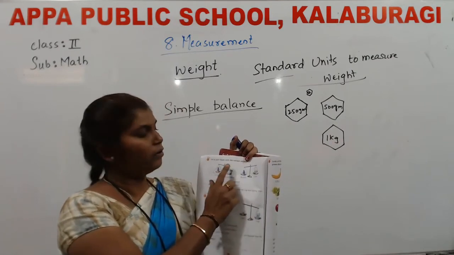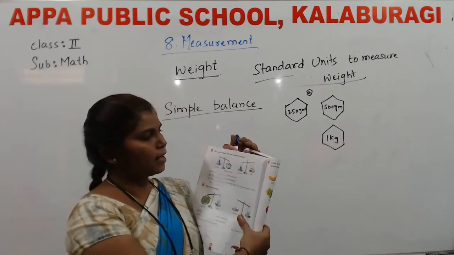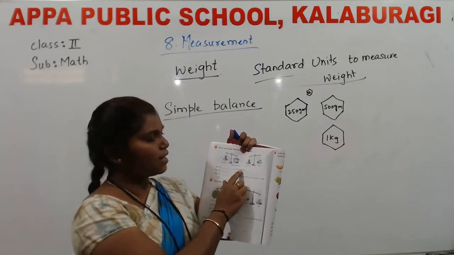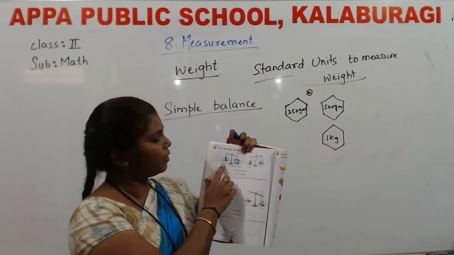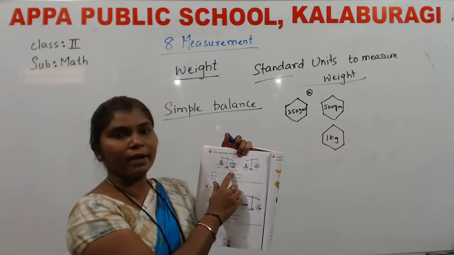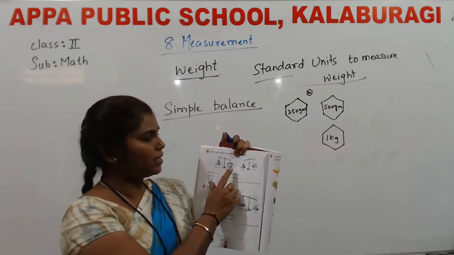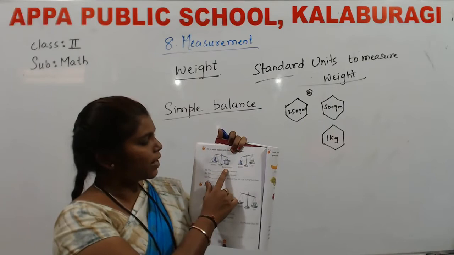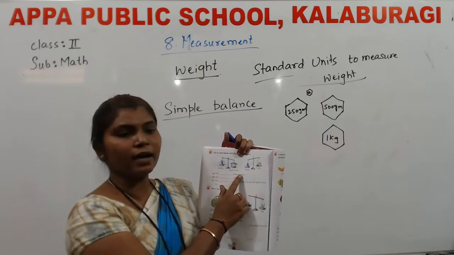What we have to do? Fill in the blank with the correct answer. Here, the dash is the heaviest. On one pan, we have placed a water bottle. On the other pan, we have placed a rice cooker. Yes? Do you see here? Here it is a bottle and here it is a rice cooker. The dash is the heaviest.